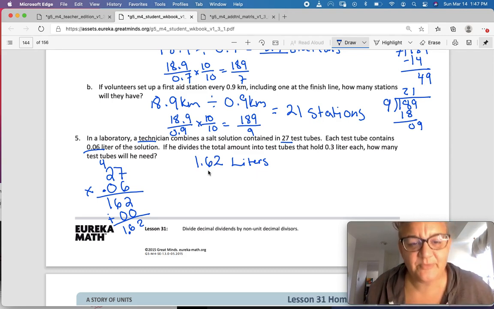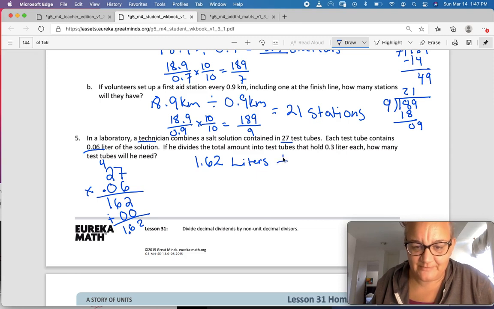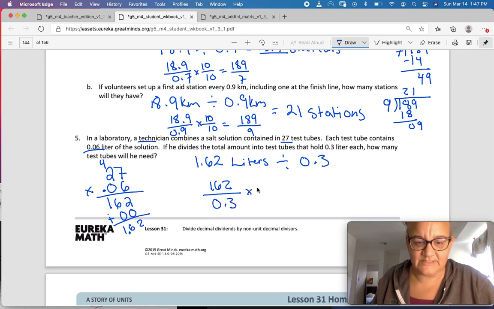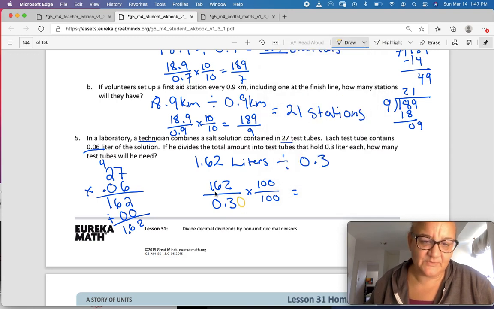Now we're going to re-pour that water back into test tubes that hold 3/10 of a liter. So now it's a division problem. So 1 62/100ths divided by 3/10. I'm going to multiply this by 100 to get a new problem, and that means I have to add a 0 here, right? Because I'm going to move this 1, 2, and I'm going to move that 1, 2.